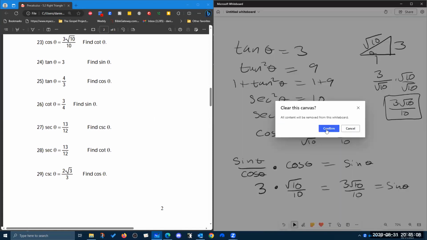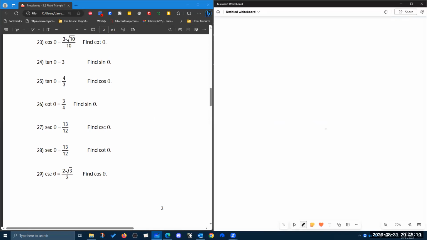Tan theta is equal to 4 over 3. They want us to find cosine of theta. So again, let's find tangent squared theta.